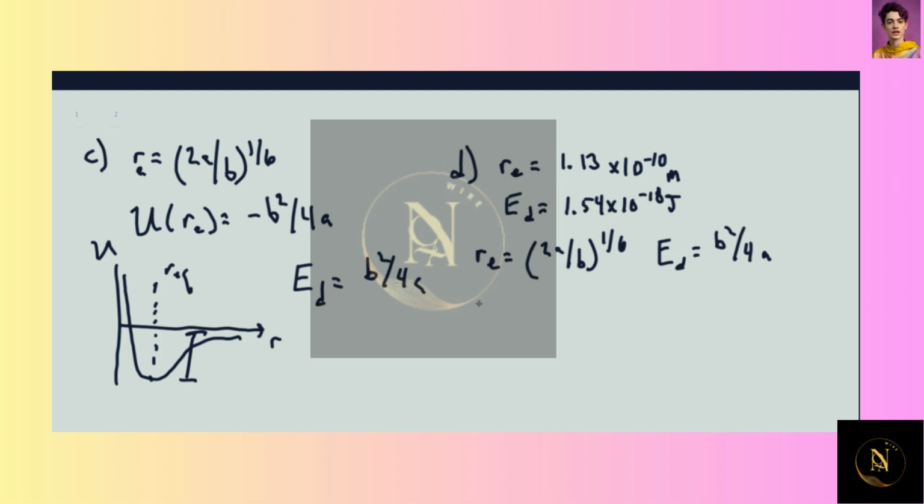So, B R_E to the 6th equals 2A, or A E_D equals B squared over 4. And so we can solve one of these for A, put it into the other one, find B, and then put that into the other equation.